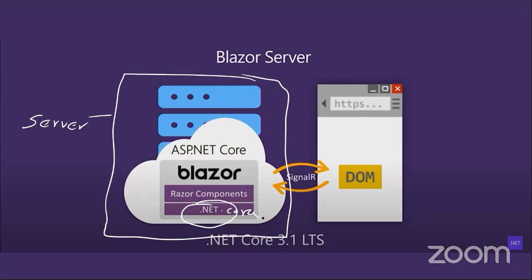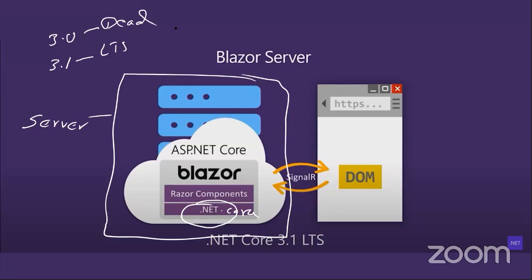Now the important thing is you should know that Blazor is now supported with .NET Core 3.1 and higher, because .NET Core 3.1 is provided as long-term support. 3.0 is dead, now gone.